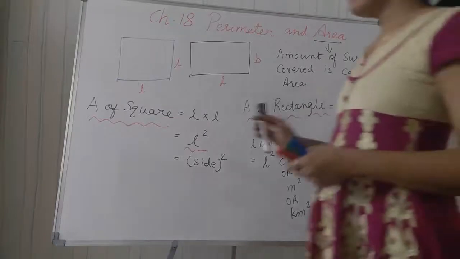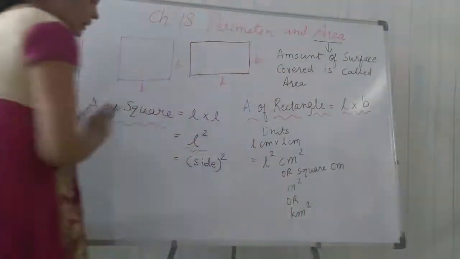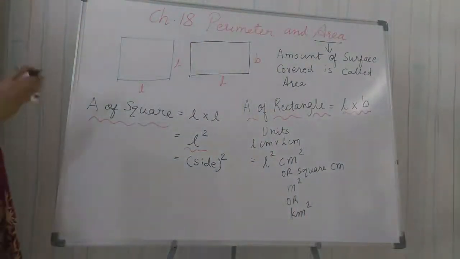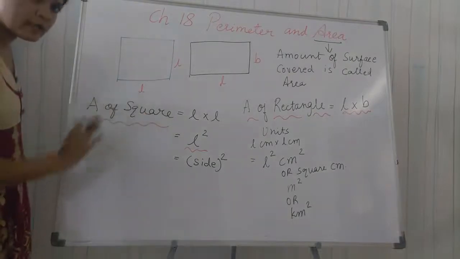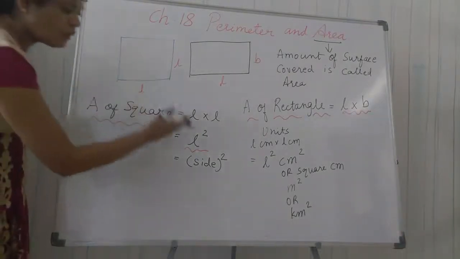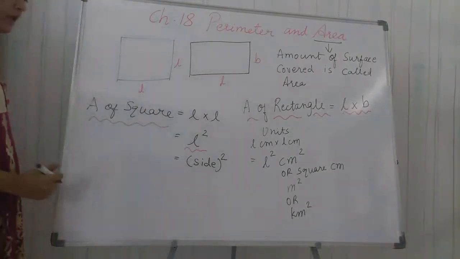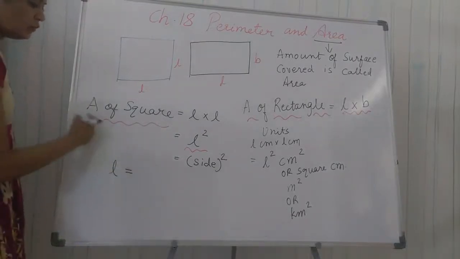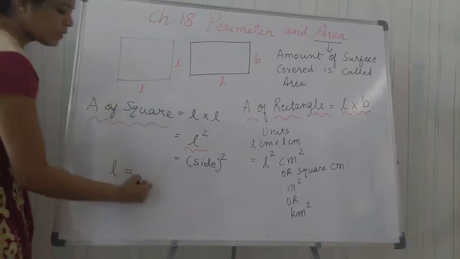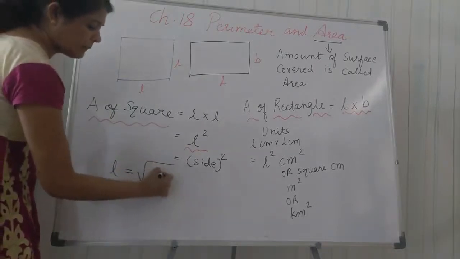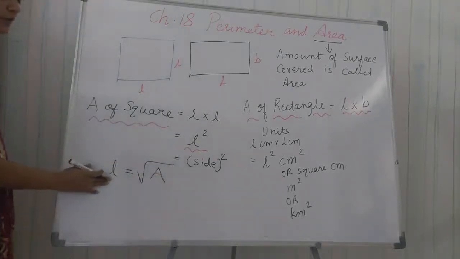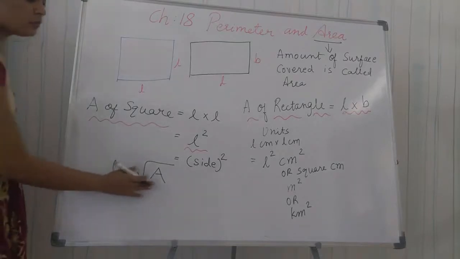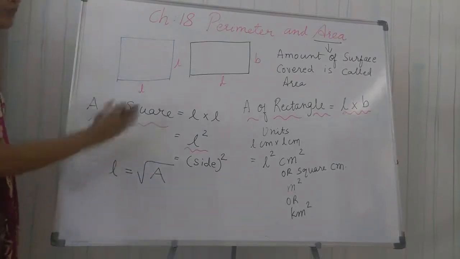Now from this area formula, if in the question the area of square is given to you and you want to find the length of the square, then how do we find? Length is equal to, we have to take square root of area. So this is how we can find length is equal to square root of area.